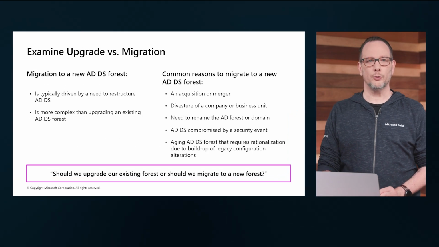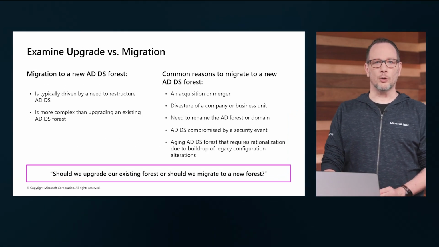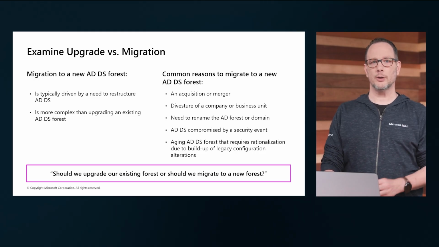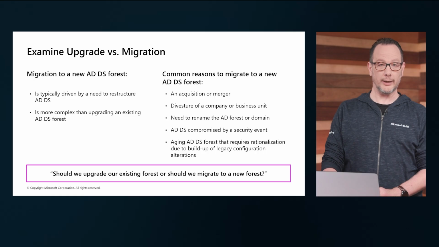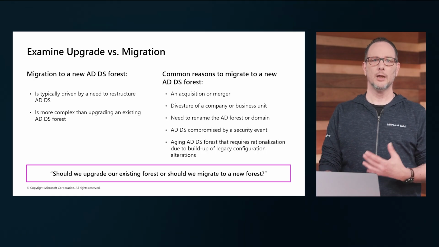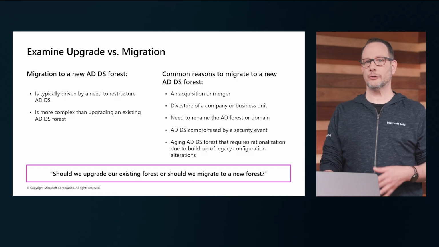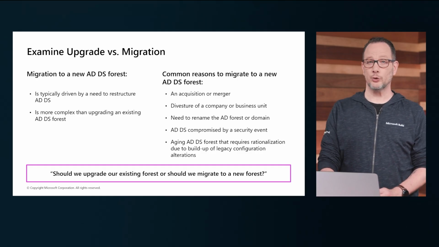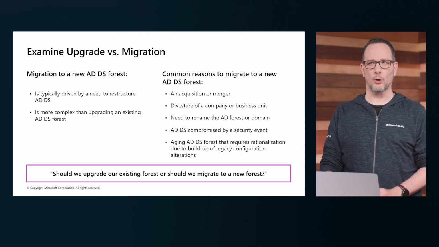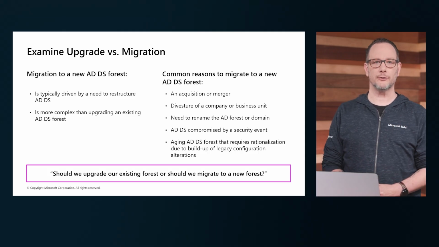Now, the first thing we need to think of is, what about upgrading compared to a migration? What you can do here is migrate to a new Active Directory environment. So you might have your Active Directory, a service that went live in the year 2000 together with Windows 2000, also in one of my first years in the field.